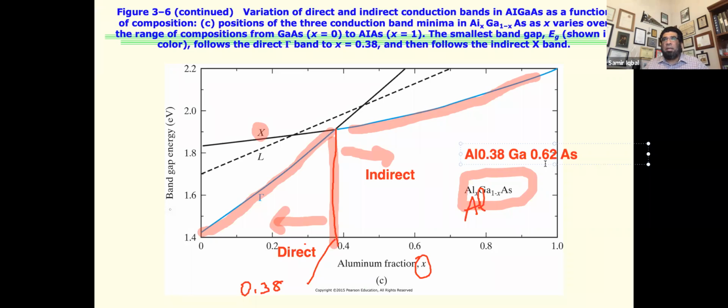So this is the transition point. 0.37 and 0.61 would be direct because in that case, this valley is the lowest. Above that, this becomes the lowest as you follow this line, right?